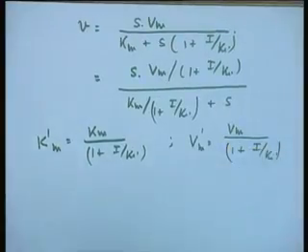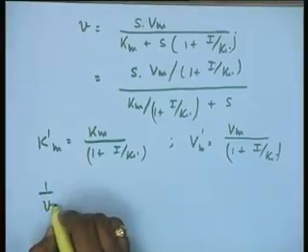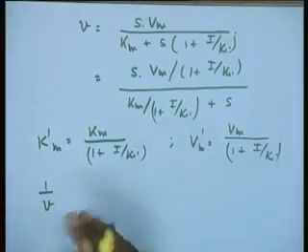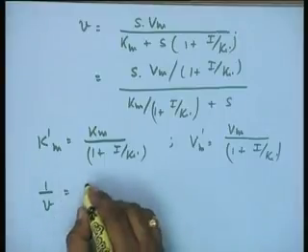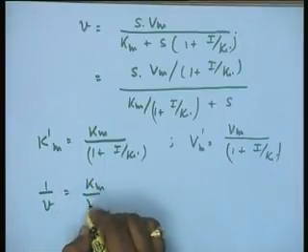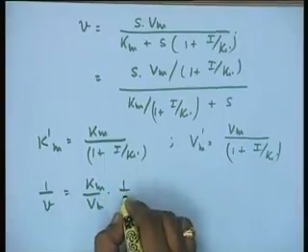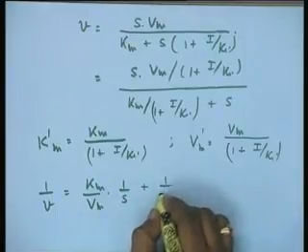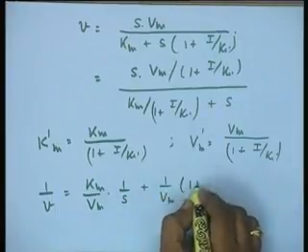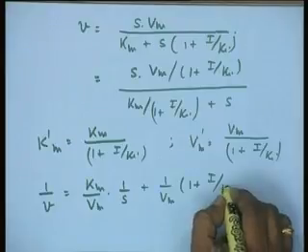Both the parameters are reduced by a factor of 1 plus I over Ki, and the double reciprocal plot in the presence of an uncompetitive inhibitor will be Km over Vm into 1 upon S plus 1 upon Vm into (1 plus I over Ki).